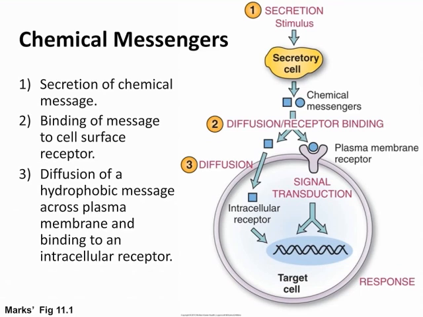So in step 3, you can either have diffusion of the hydrophobic message across that plasma membrane, or again, it can go onto and bind a plasma membrane receptor. So once it's inside the cell, it'll go through signal transduction, which will provide a response.